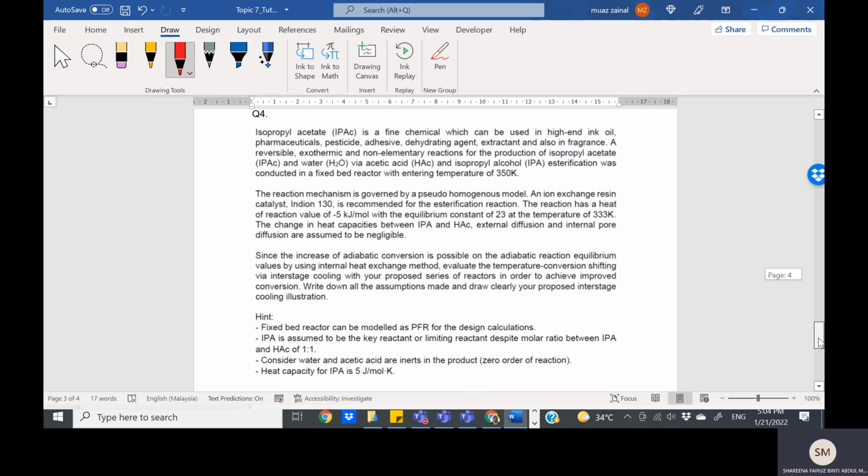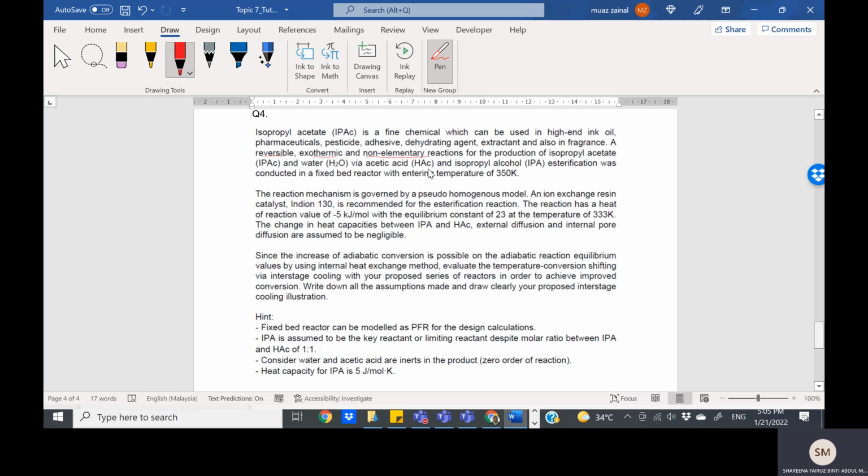Alright, so for the fourth one, this is from a previous semester. It's about isopropyl acetate, IPAC, a fine chemical that can be used in high-end ink and so on. This is a reversible, exothermic, non-elementary reaction for the production of isopropyl acetate, IPAC, and water via acetic acid and isopropyl alcohol.